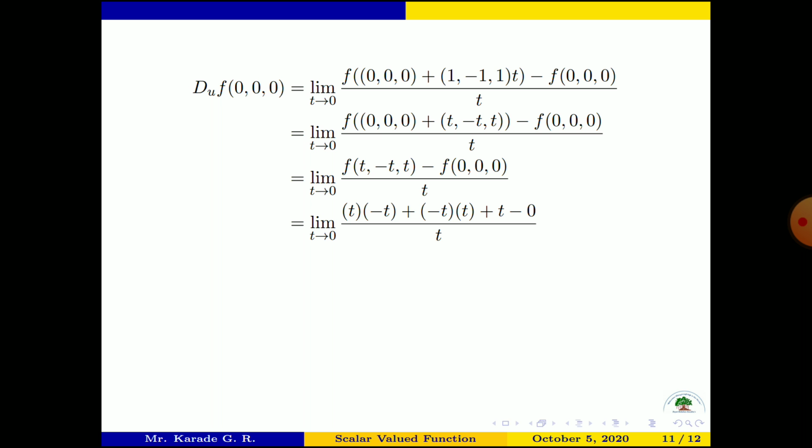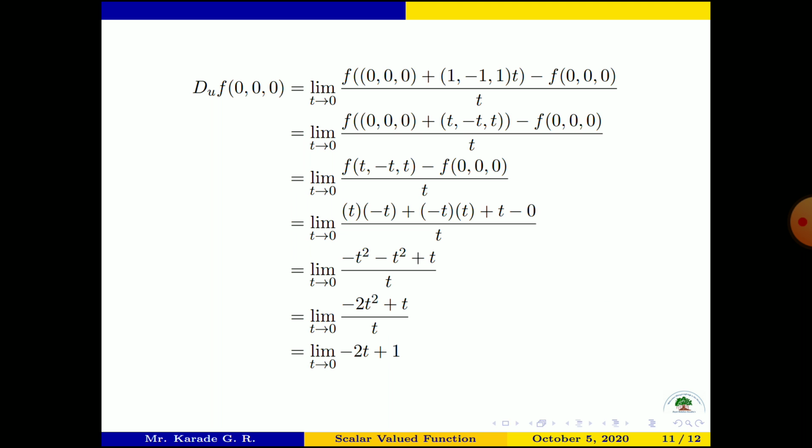If we simplify this numerator, then what we have is limit t tends to 0 of minus 2t square plus t, divided by t. Dividing by this t, if we simplify this limit, then what we have is limit t tends to 0 of minus 2t plus 1.